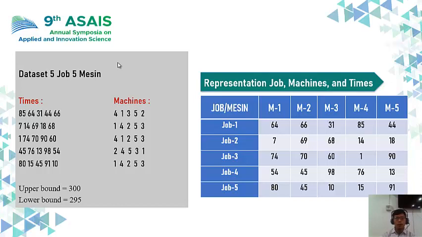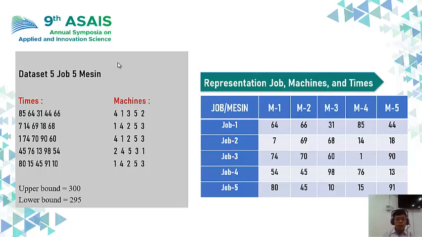In a job shop problem, a certain number of jobs needs to be processed on a certain number of machines. Each job consists of several operations that need to be processed on different machines. The next step is to calculate the time difference between the machines for each job.